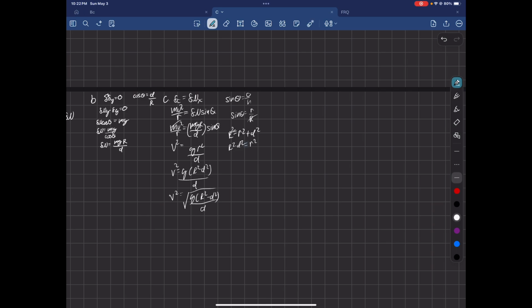The FRQ is in terms of y, and I'm assuming that d and y are the same length, so that d is equal to y. So I'm just assuming that you can just plug in y here.